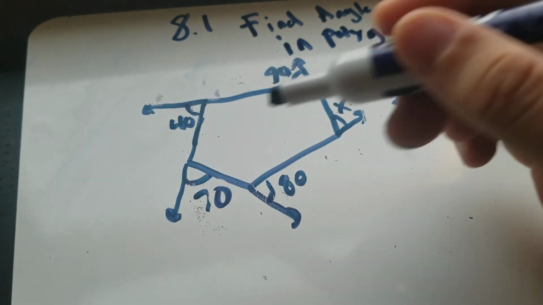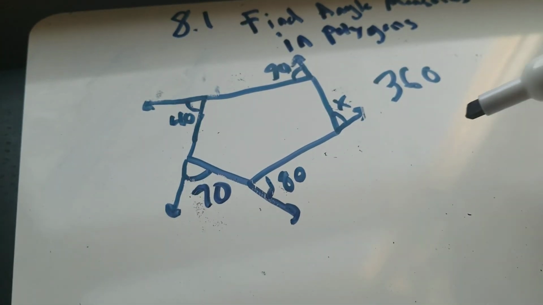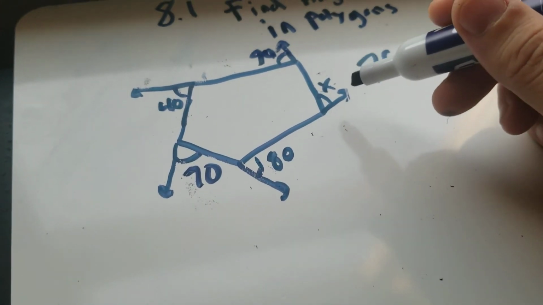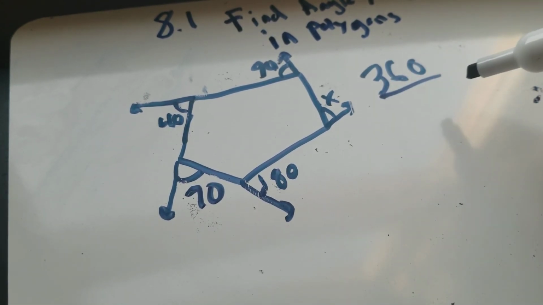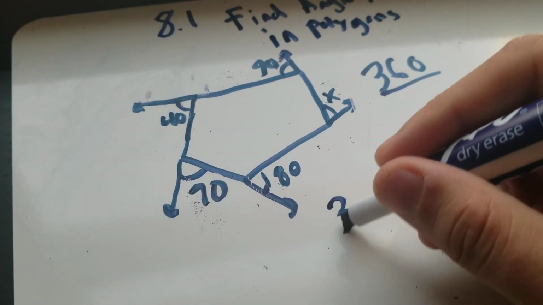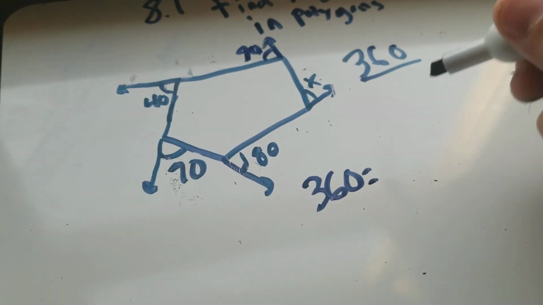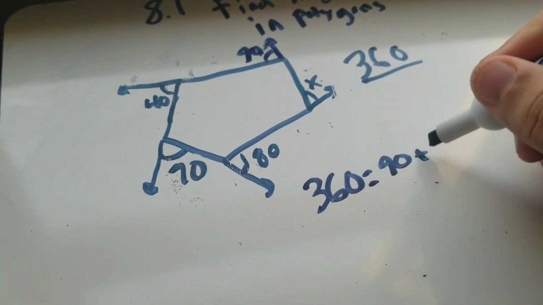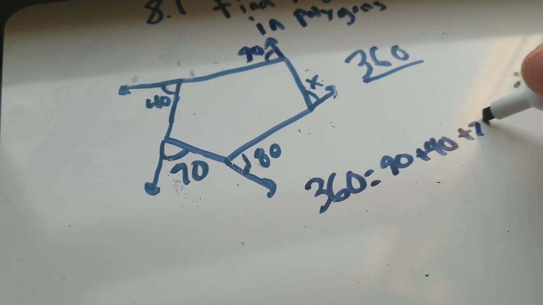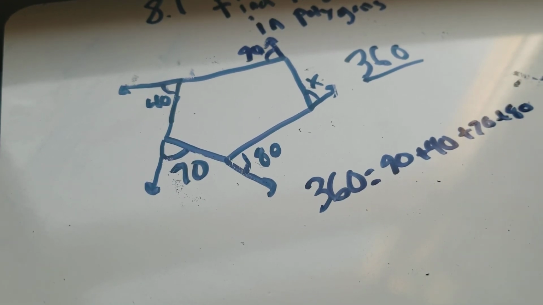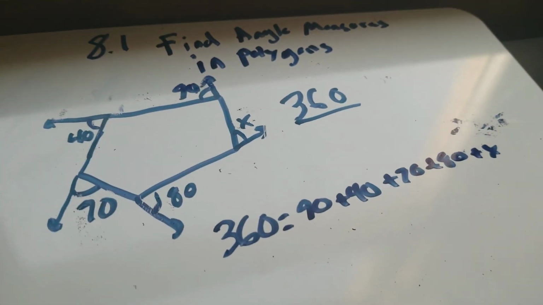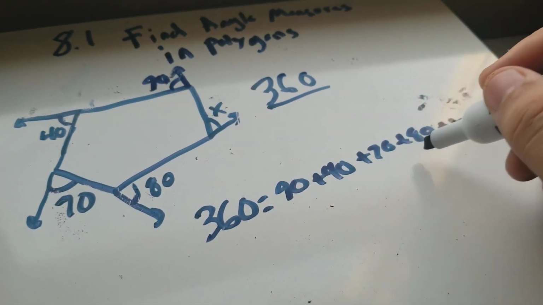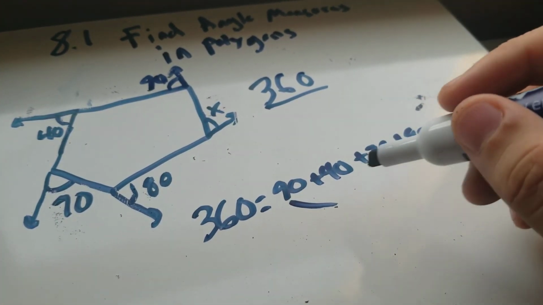So we want to find what x is. It's kind of similar to the triangles, except it always adds up to 360. So 360 equals 90 plus 40 plus 70 plus 80 plus x. Okay, I'm going to add up all these normal numbers, these constants.